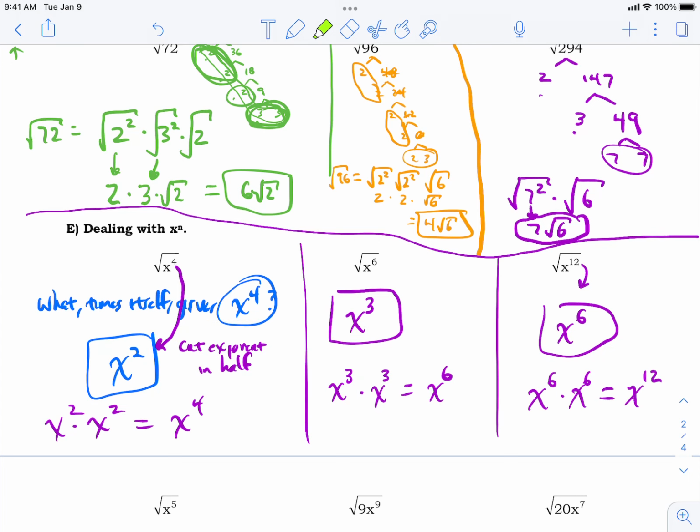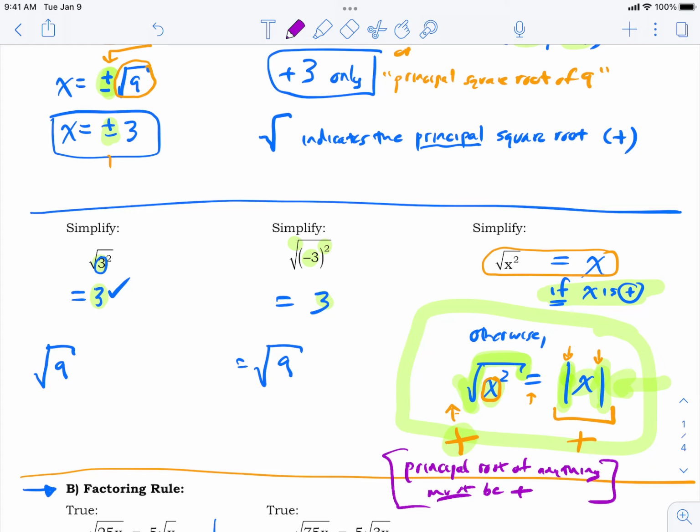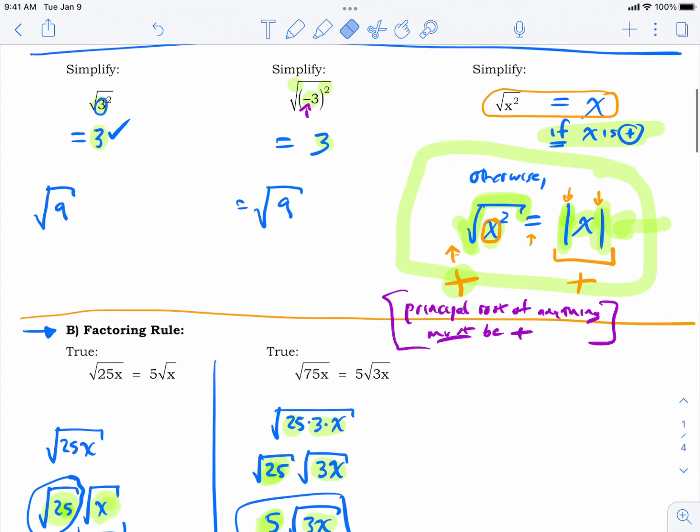It has to be. That's how the symbol is defined, the principal root, the positive root. And we saw over here again, if you put a negative 3 in there and you square it, you're not going to get a negative 3 when you take the radical. It doesn't happen. Because first you square it, it becomes positive, and then you take the principal root and it stays positive. So anyway, the principal root of anything is going to be positive. It really is.